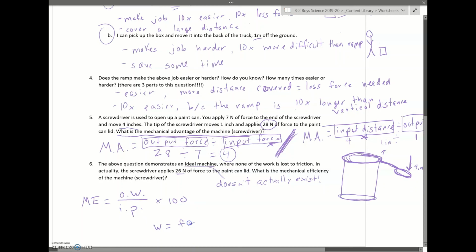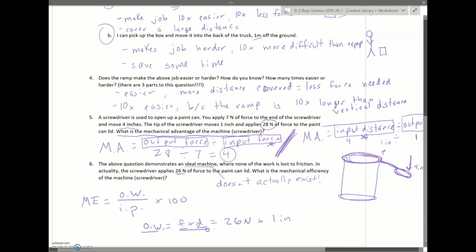Output work, just like any work, equals force times distance. The output force given to us in the problem is 26 newtons times the distance that the screwdriver tip traveled, which from the last question is 1 inch.